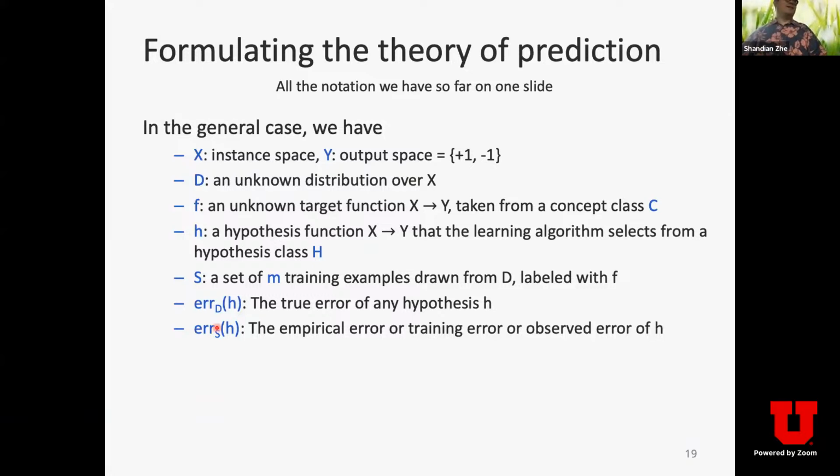No. This is the key observation. Our training set actually is a random variable. Why? Because we assume the training set is sampled from this unknown data distribution D.